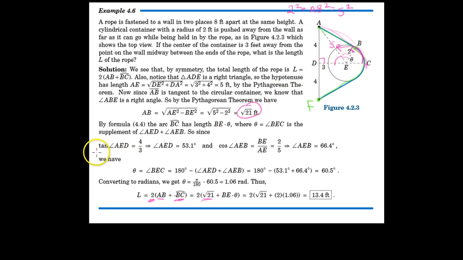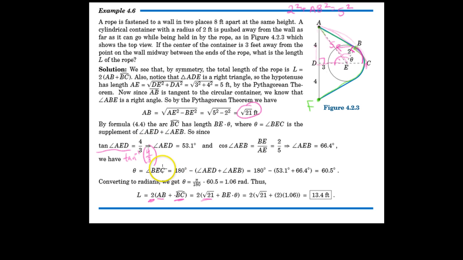So in the first ratio, tangent of AED, that's this triangle right here. For this angle, the opposite over adjacent is 4 over 3. So you do tan inverse of 4 over 3.